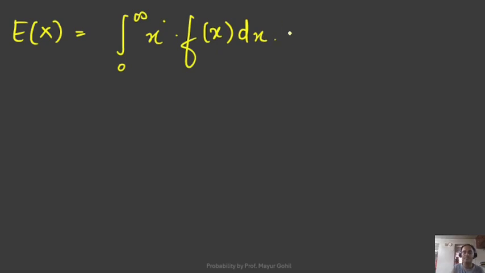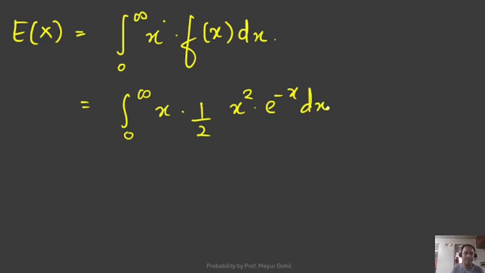Here what happens is 0 to infinity x into half into x square into e raised to minus x dx. That's the PDF that we had, right?